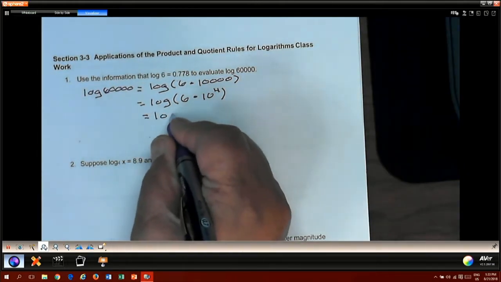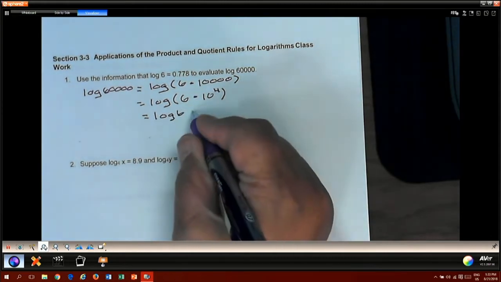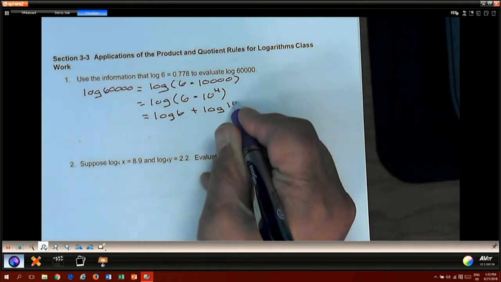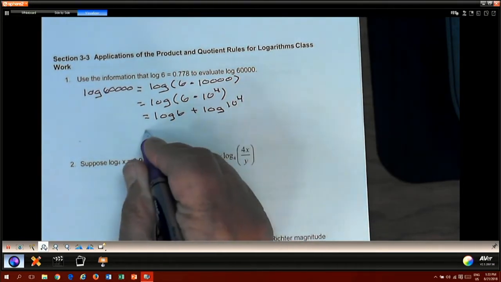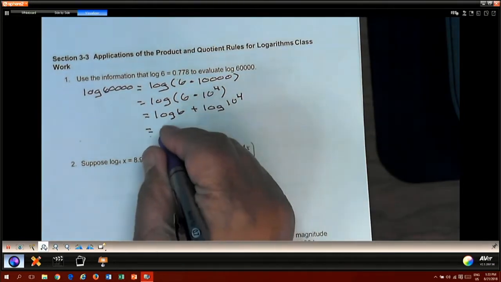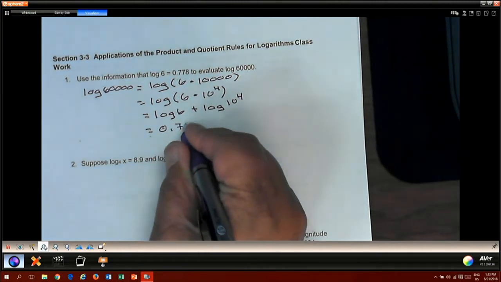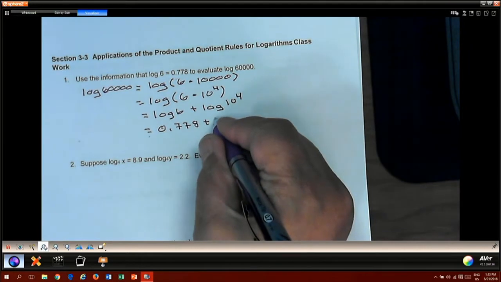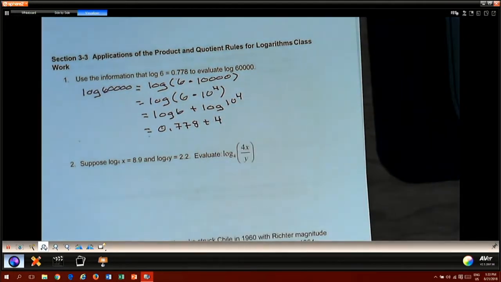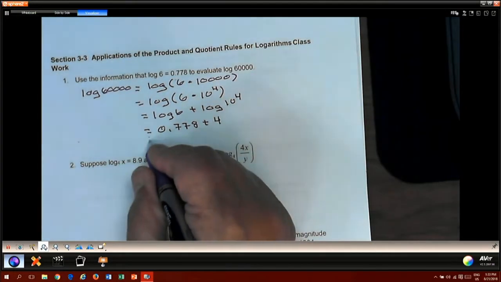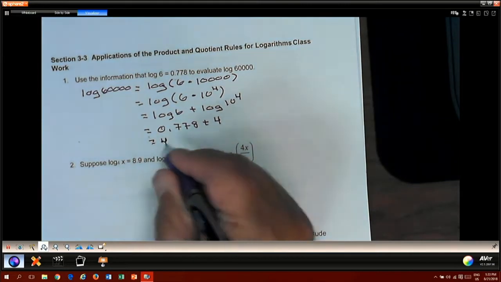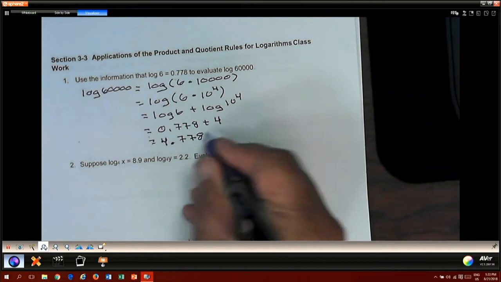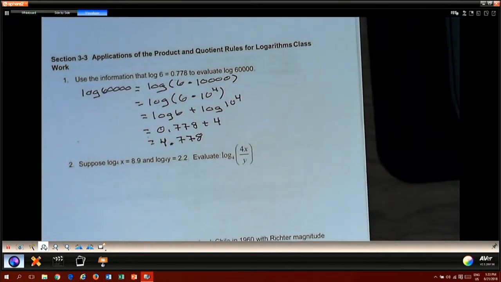So this would be the log of 6 plus the log of 10 to the 4th, where we're told that the log of 6 is 0.778, and the log of 10 to the 4th is 4. So that tells us that the log of 60,000 is 4.778.